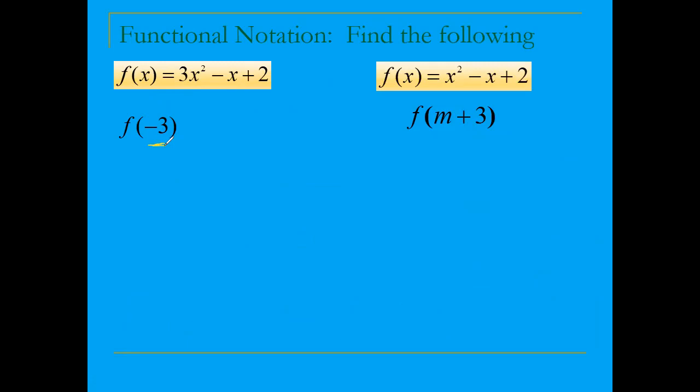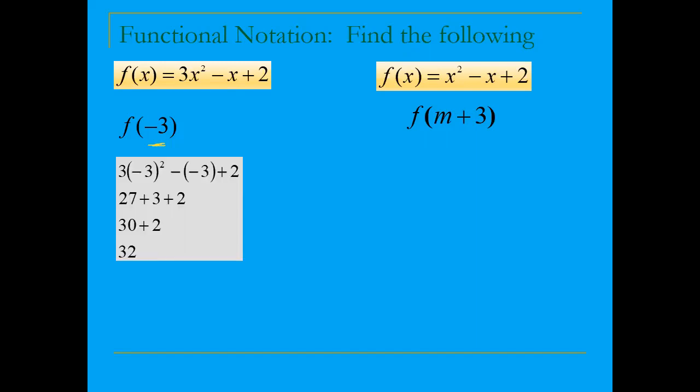By putting the function, this is how it will look like. So we have, you are just putting the values of x, okay, wherever you see x in the function. So you put it into x here. So we have 3 times minus x raised to the power 2 minus -3 in bracket plus 2.